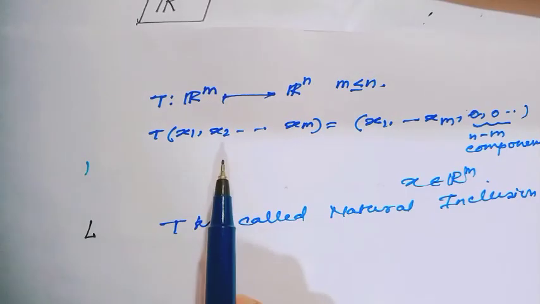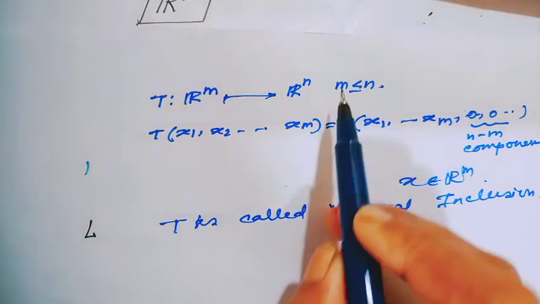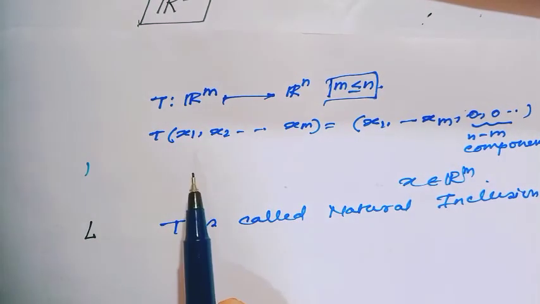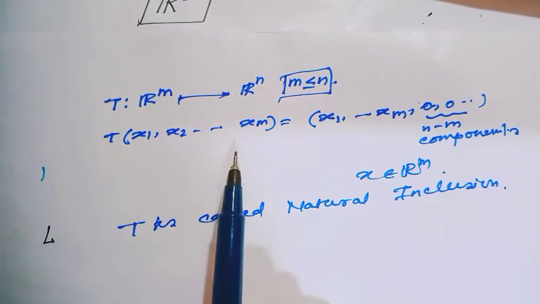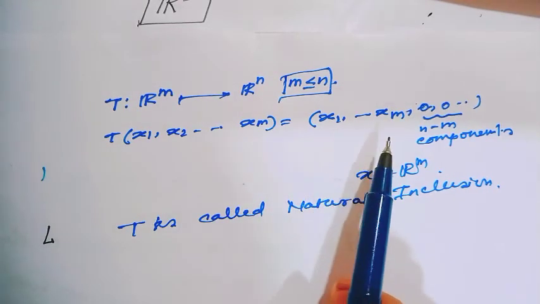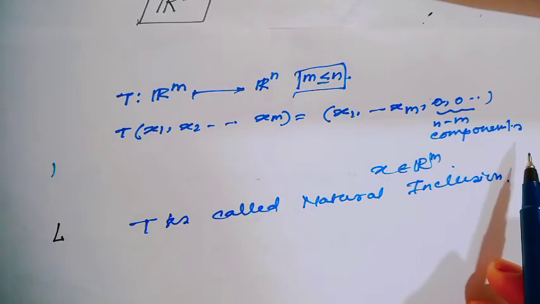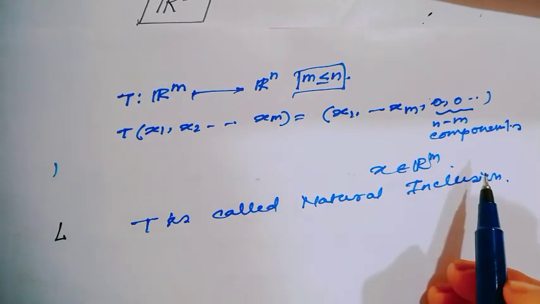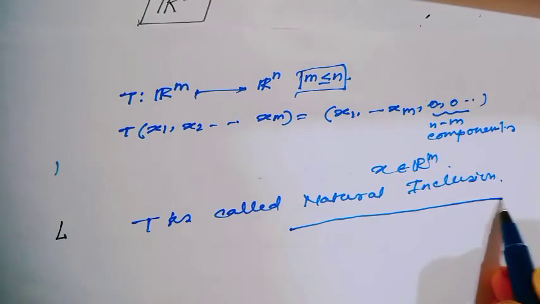Next example, T is a mapping from Rm to Rn, where m is less than or equal to n. Then the transformation is of this type: T of (x1, x2, up to xm) equals (x1 up to xm), and then the other n minus m components are 0, where x belongs to Rm. Then obviously this T is called the natural inclusion.